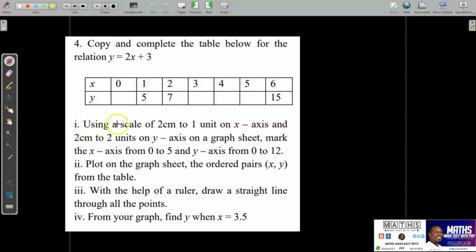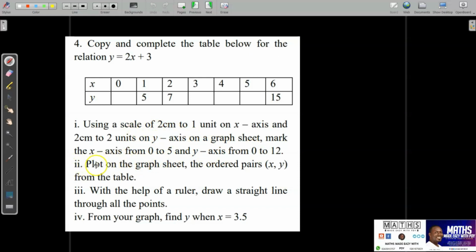now using a scale of 2 centimeters to 1 unit on the x-axis and 2 centimeters to 2 units on the y-axis, on a graph sheet, mark the x-axis from 0 to 5 and the y-axis from 0 to 12. Ideally, per this question, you don't have negatives in it, so you are limited to only the positive sides of both the x and y axes. So you go according to what the instruction says.